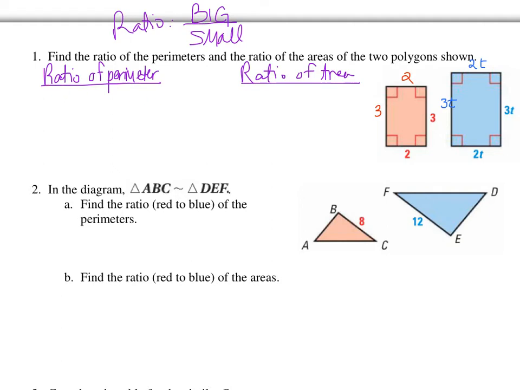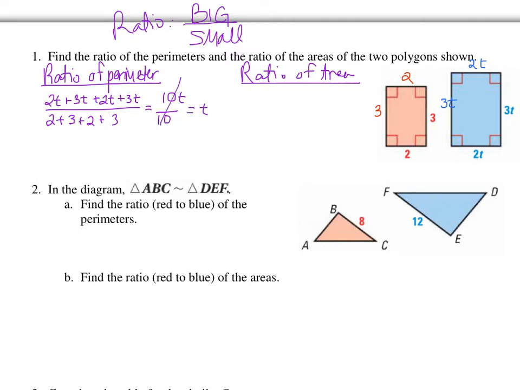So the ratio of the perimeter, we need to add up the different sides for that large figure. So we're going to be taking our 2T plus 3T plus 2T plus 3T on top. And that gives us 5, 6, 7, 8, 9, 10, so 10T. On the bottom, if we add up our red figure, so 2 plus 3 plus 2 plus 3, we get 10.